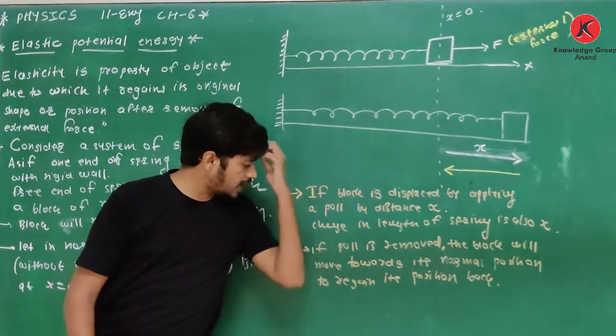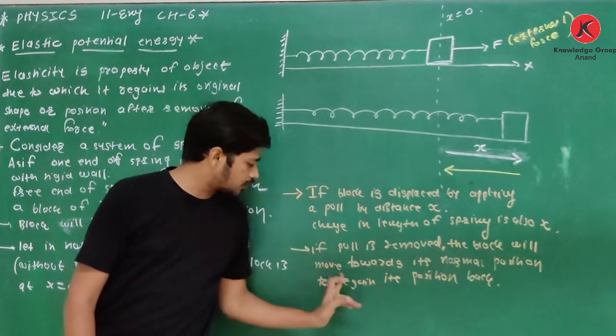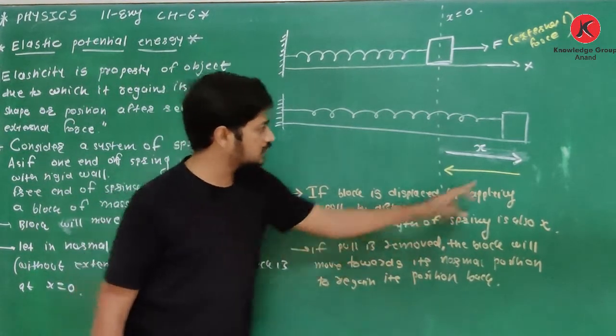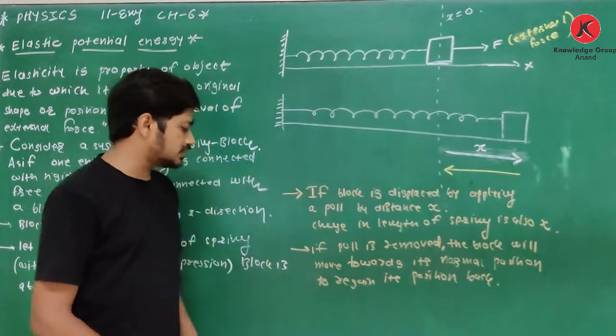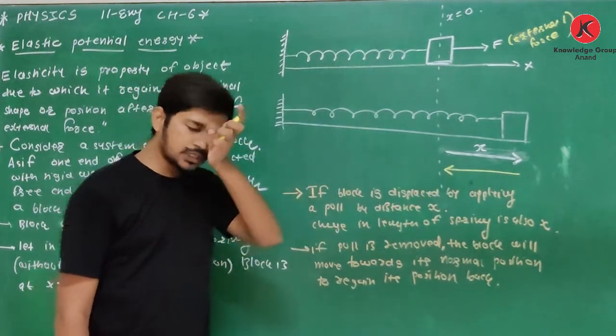Clear about this? If the pull is removed, the block will move towards its normal position to regain its original position back.